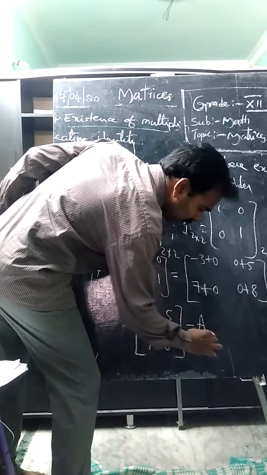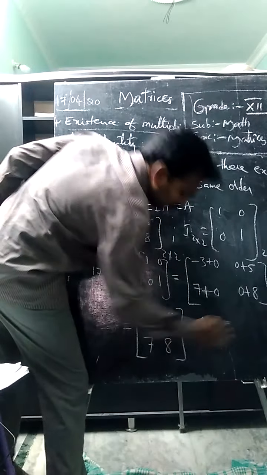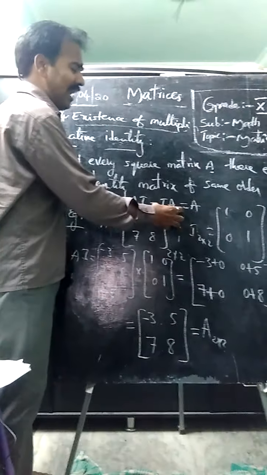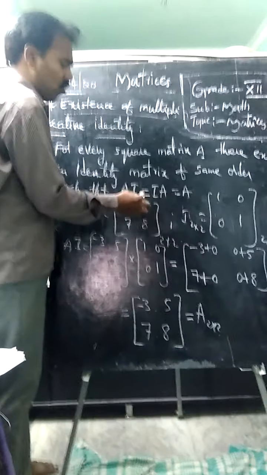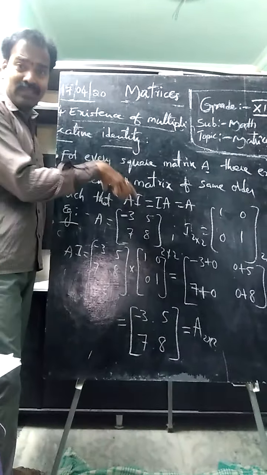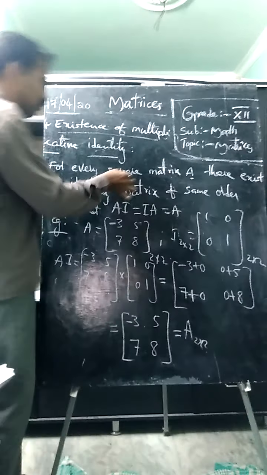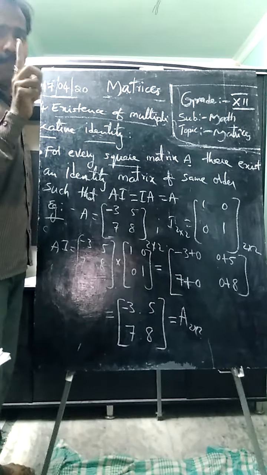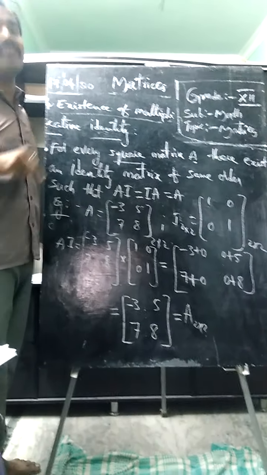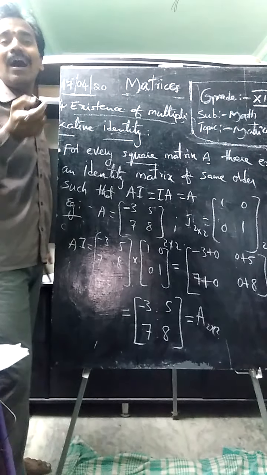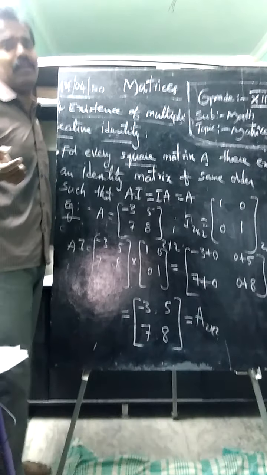We have here matrix A of order 2 by 2. Once again I am repeating, students: AI equals IA equals A. Then I is called the identity matrix when it exists, of the same order. It is only possible to prove for a square matrix. For a rectangular matrix, two types of identity elements exist, if they exist, so we can't prove it universally.